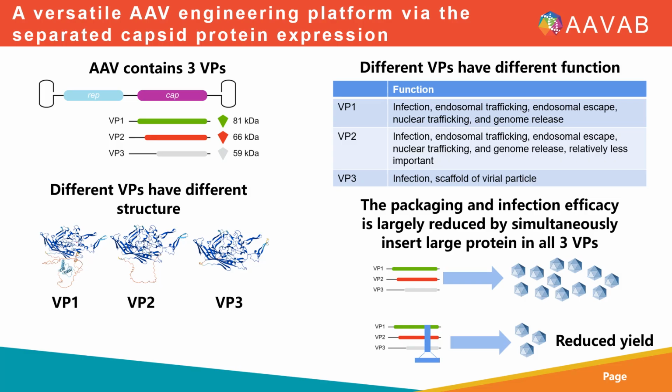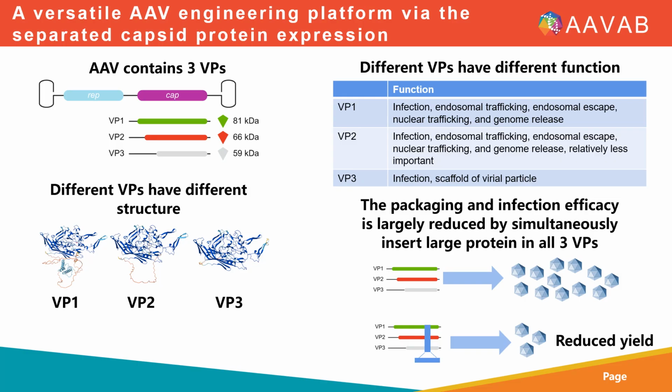But for large protein insertion, such as nanobody or scFv, or modifying the VPs at several regions, the packaging efficacy is significantly reduced. To increase the tolerance to modifications in VPs, we developed the separate VP packaging platform in which VPs are expressed independently.